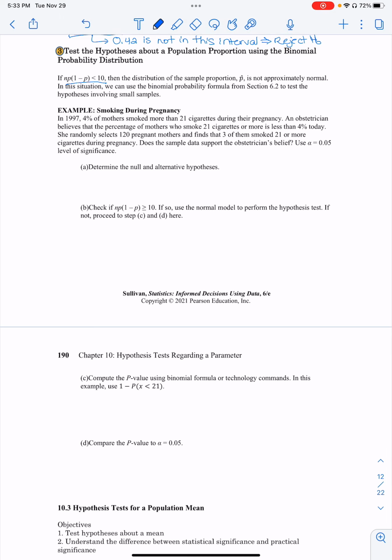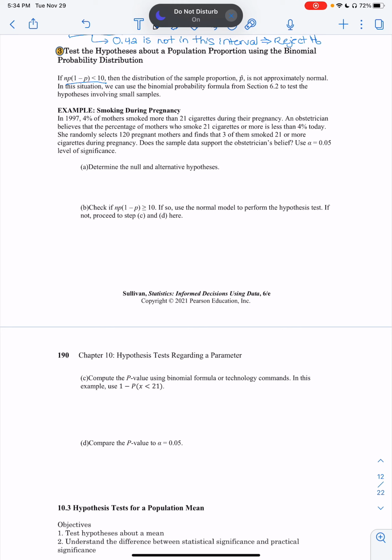She selects 120 pregnant mothers and finds that 3 of them smoked 21 or more. Does the sample data support the obstetrician's belief? We want to use a level of significance alpha of 0.05.